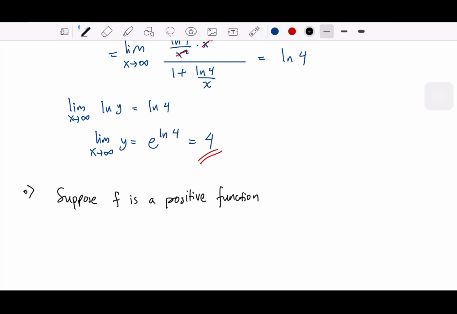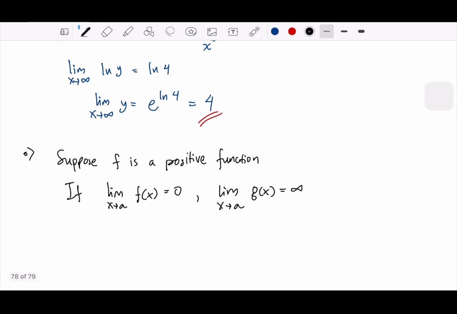If the limit of f, and the limit of g, proof, limit equals 0.